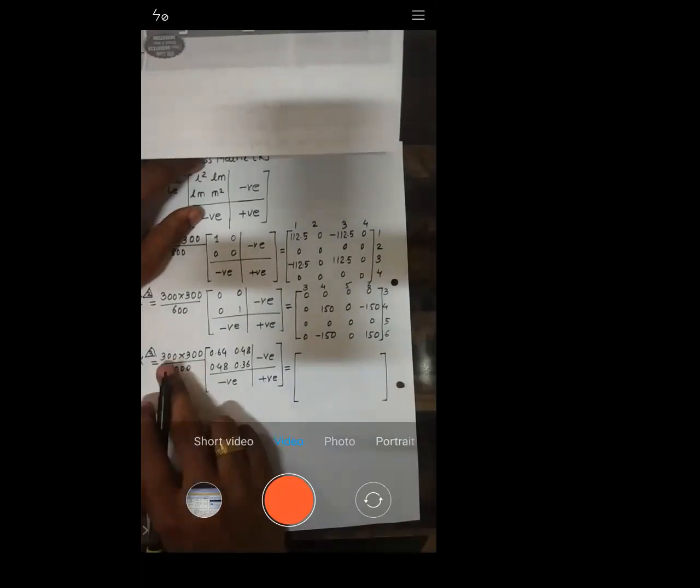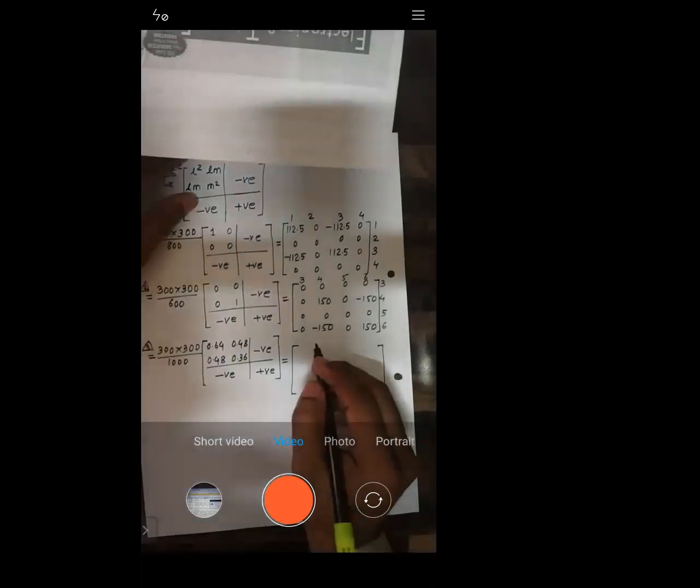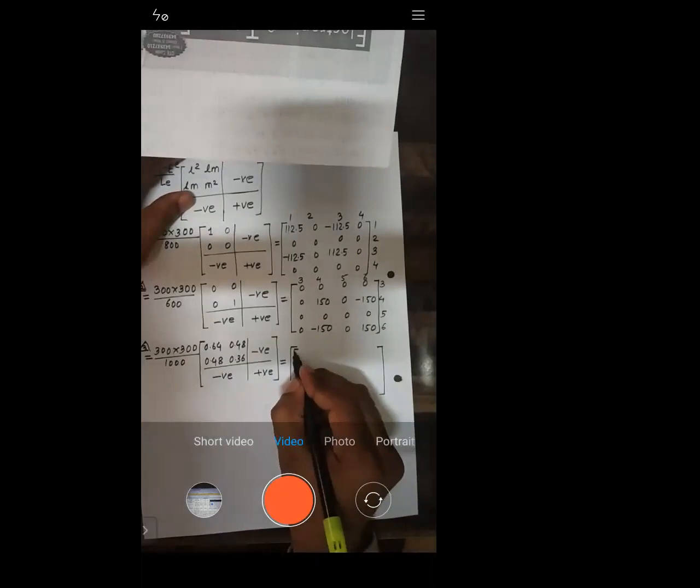So what is coming? 300 into 300 by 1000. 90 is coming. 90 multiplied by 0.64 is 57.6.